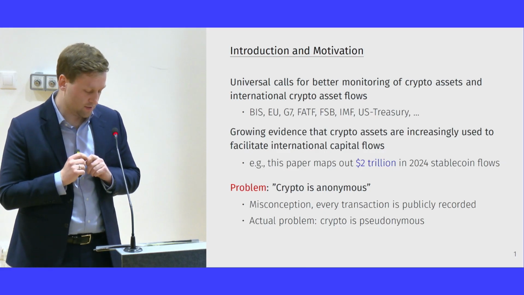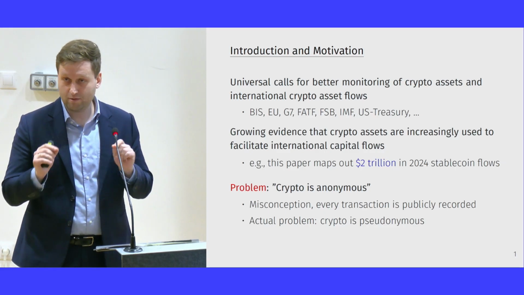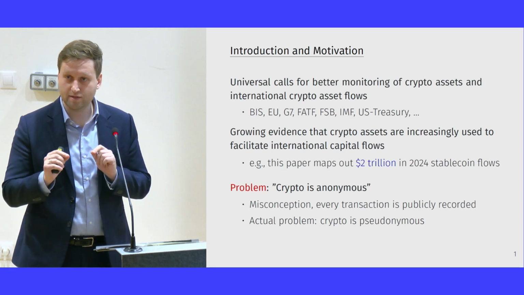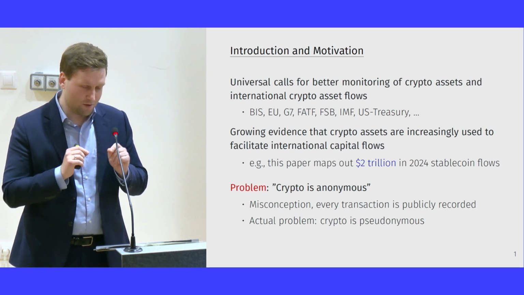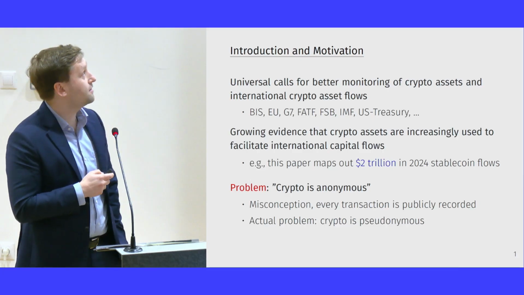The difference is that in crypto, every transaction is publicly recorded. You can look this up at any point in time, but it's not very useful because you just see a bunch of random numbers and letters.